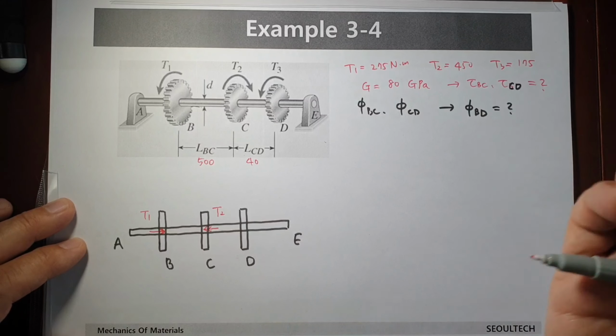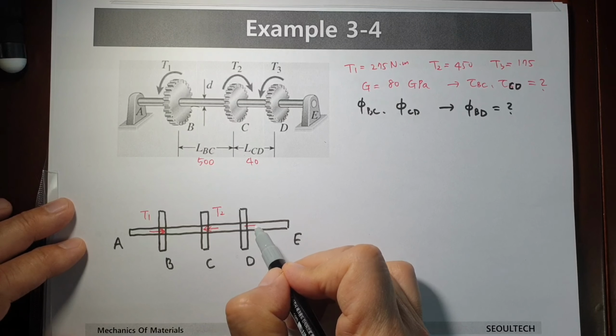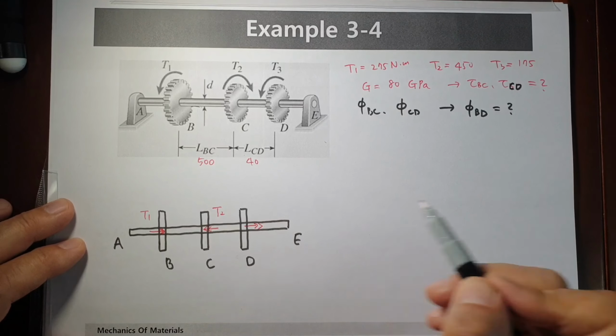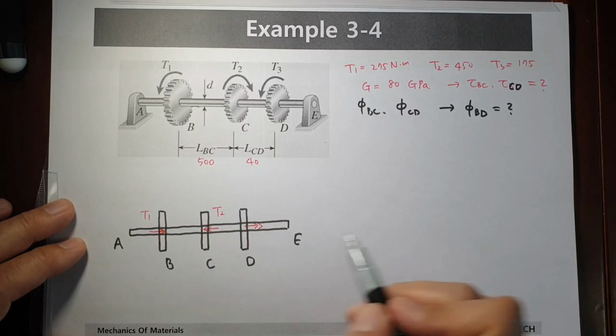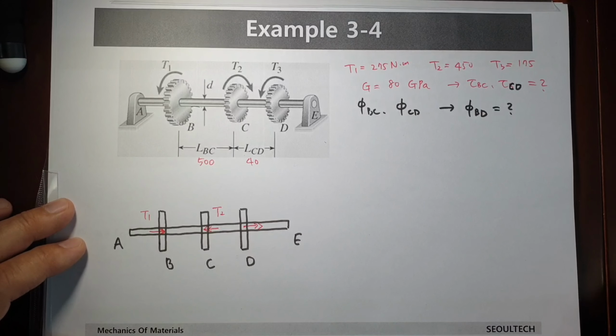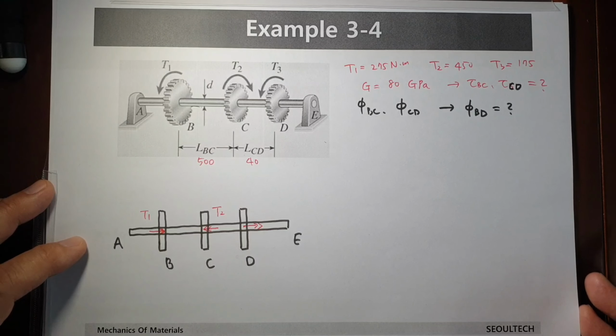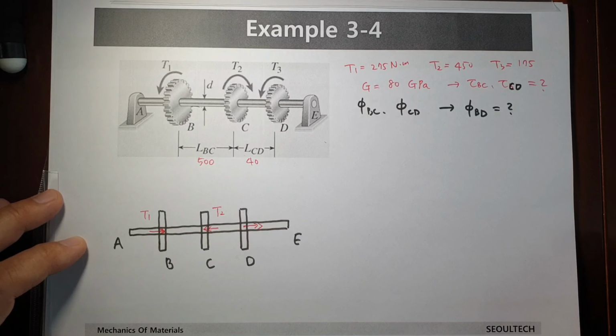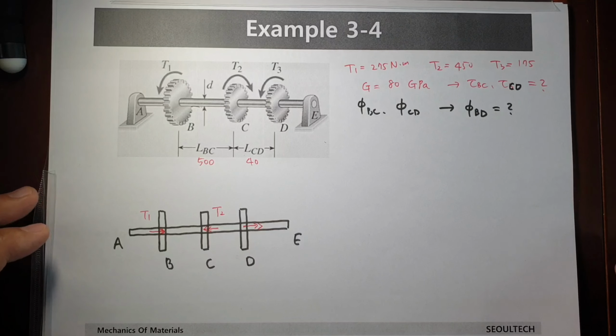And T3 is in another direction, right hand side, this direction. Of course, the acting points are here, there, and there. Then we have a very simple schematic related to power transmission, the powertrain.